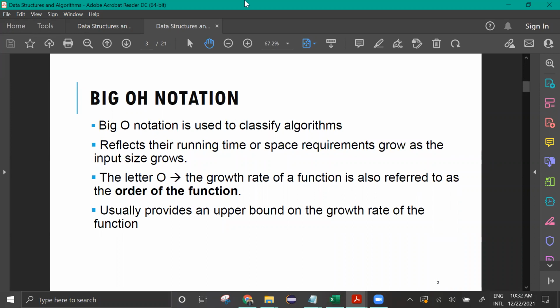So what I'm talking about here is running time, right? However, the space requirements, we consider in the same way, right? But in our examples, we are not taking it seriously, but space requirements can be considered in a similar manner.